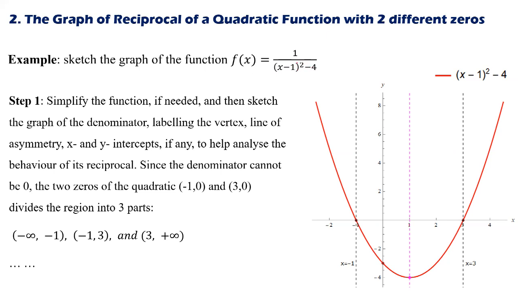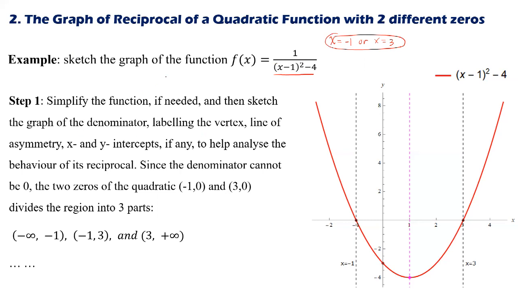It is obvious that the denominator is a quadratic function, and it has 2 zeros, which are x equals minus 1 and x equals 3.